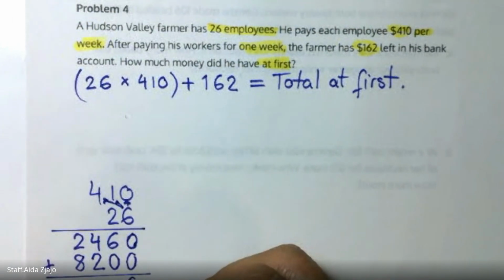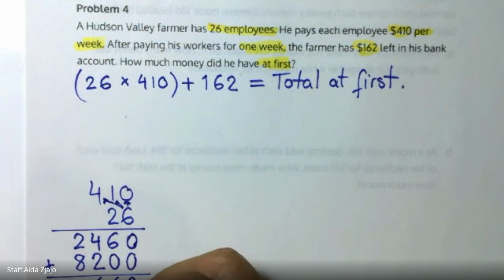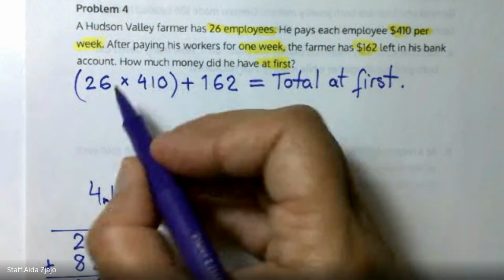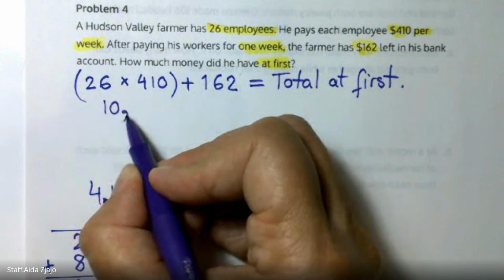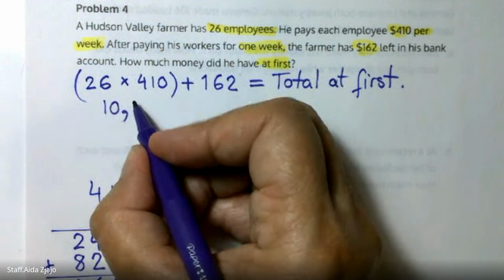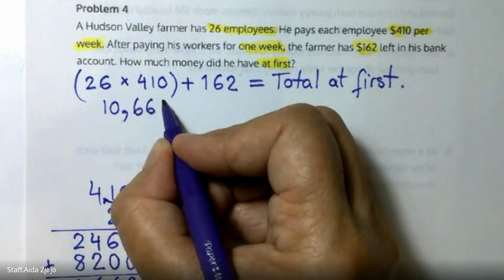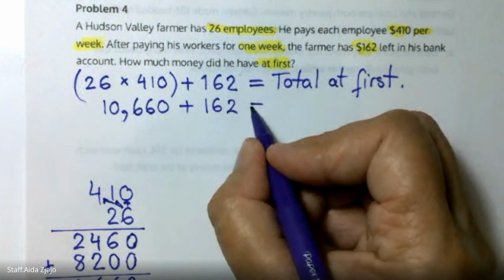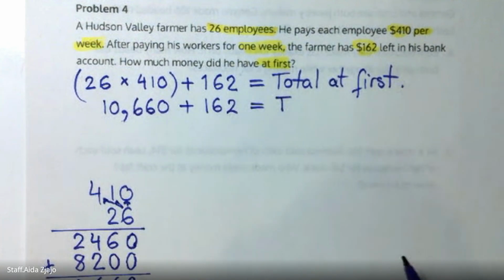So 0, 6, 6, 10. 1, 2, 3, comma. So this here is 10,000. This product is 10,660 plus 162 equals T for total.